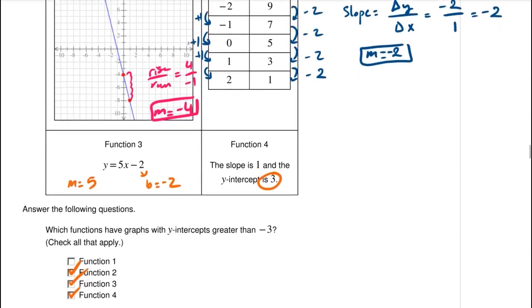Function 3, we did it earlier, the slope is 5. For function 4, they tell you the slope is 1. So the steepest one is m equal to 5, because this one you go up 5 and over 1. Compared to the rest, you have to go way higher.